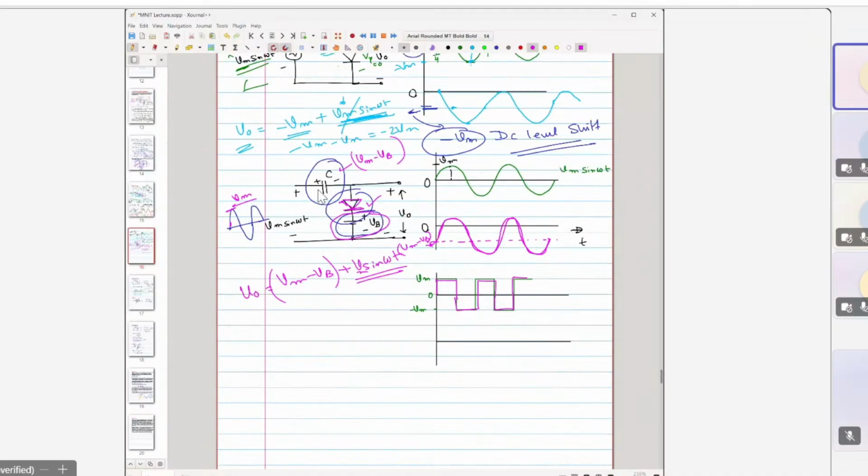So the output waveform, instead of starting from 0, will now start from this Vm minus Vb. Like this. Okay. So this will be the case.